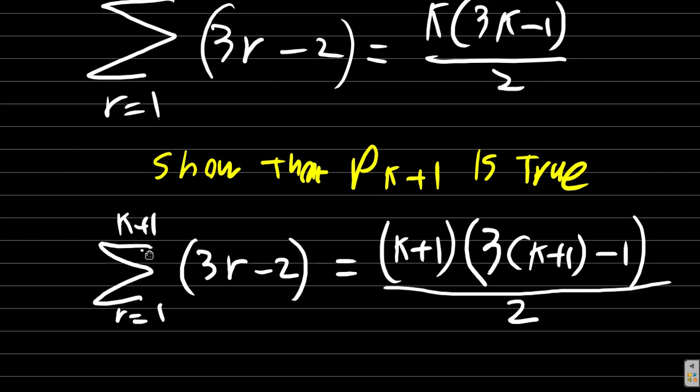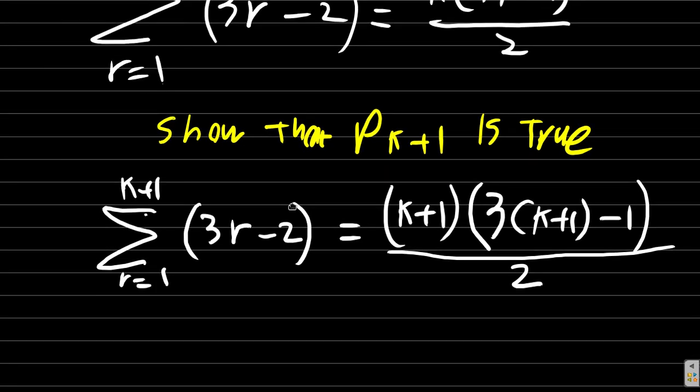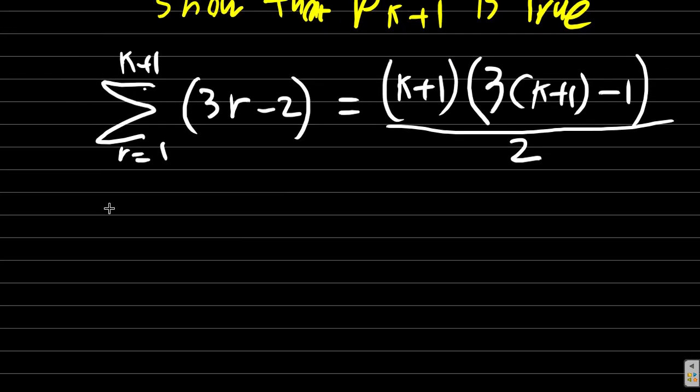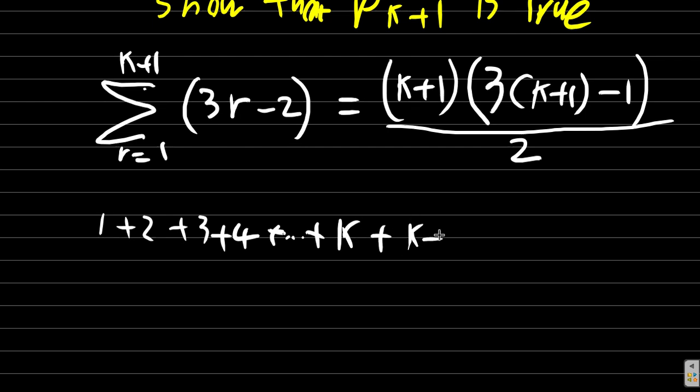But notice that if you're adding up from 1 to 2, then 3, then 4, and so on, then k. When you reach k, the next term you add is plus k plus 1. This is the next term. But if you add from 1 to k plus 1, it's the same thing as adding from 1 to k, and then adding the k plus 1th term. See that?